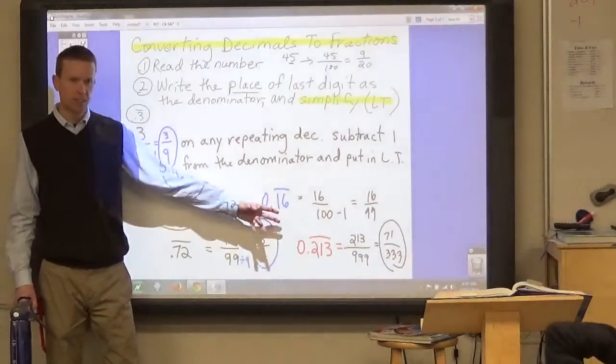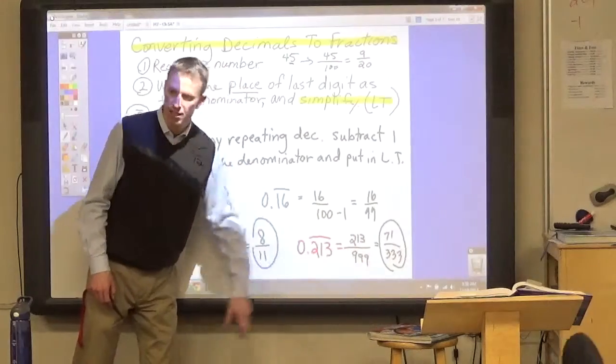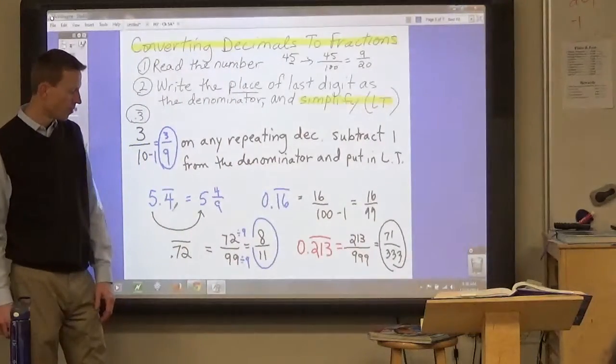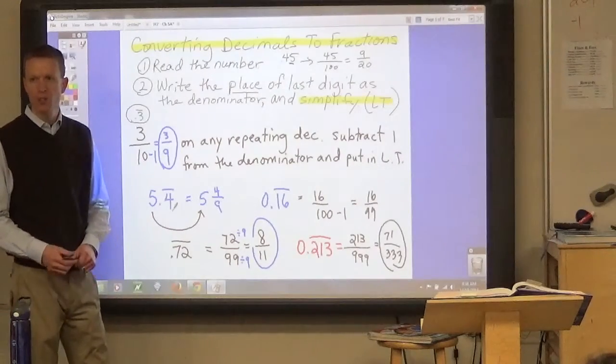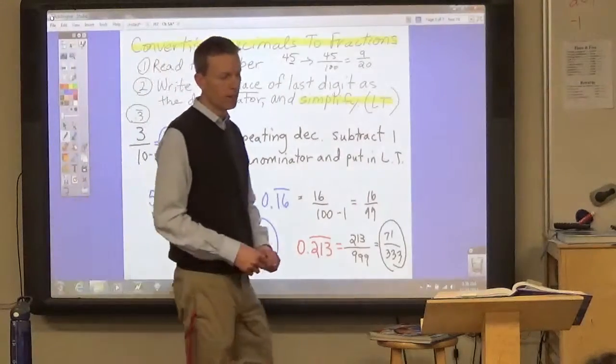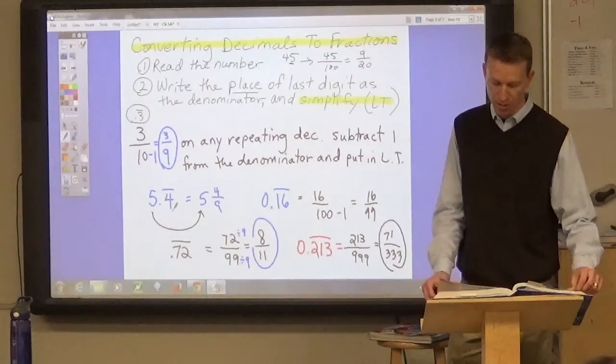And 6 goes into both of these, or 3 goes into both of these then. Okay? So that's how you do repeating decimals to fractions.